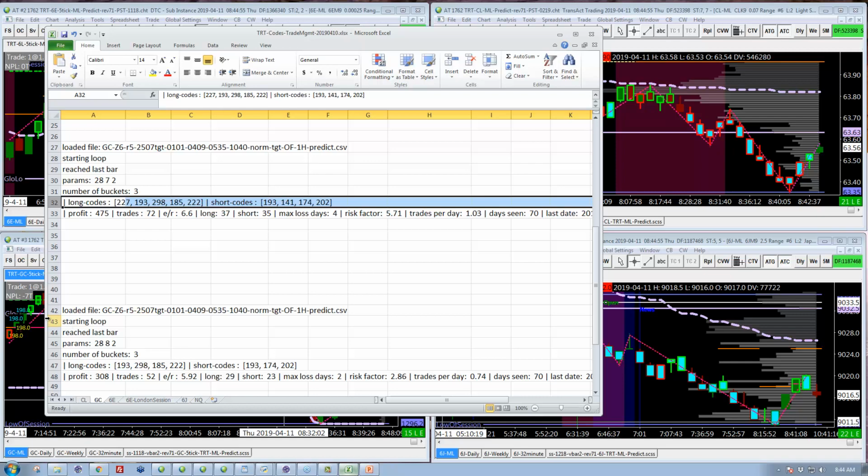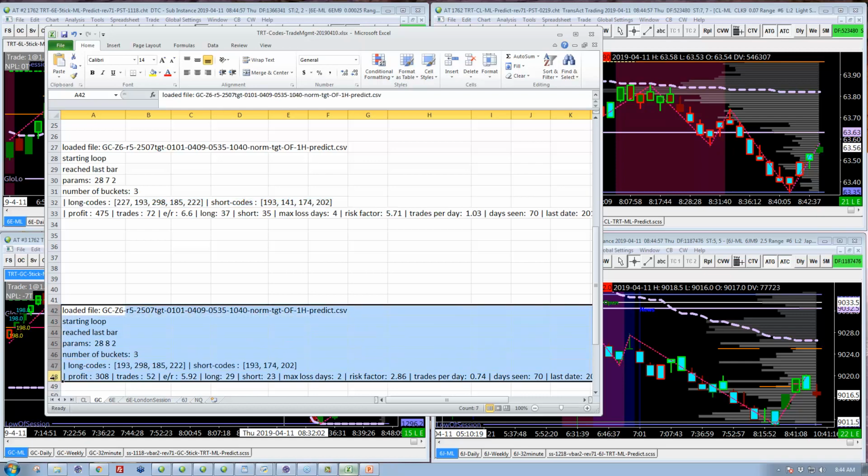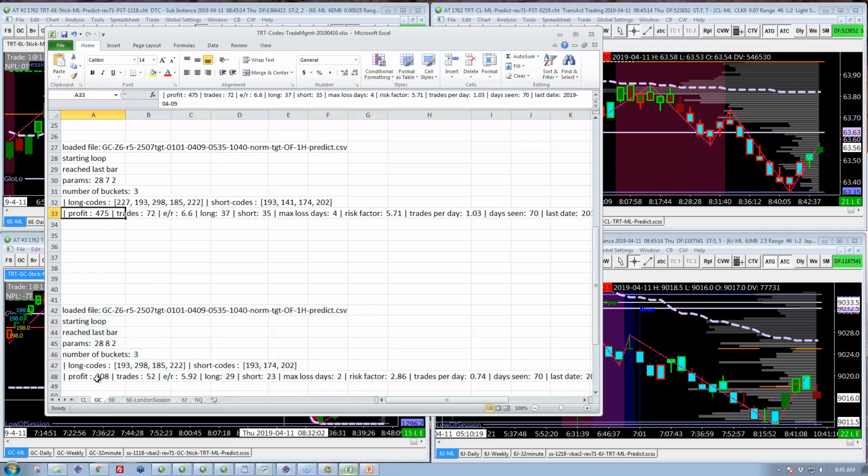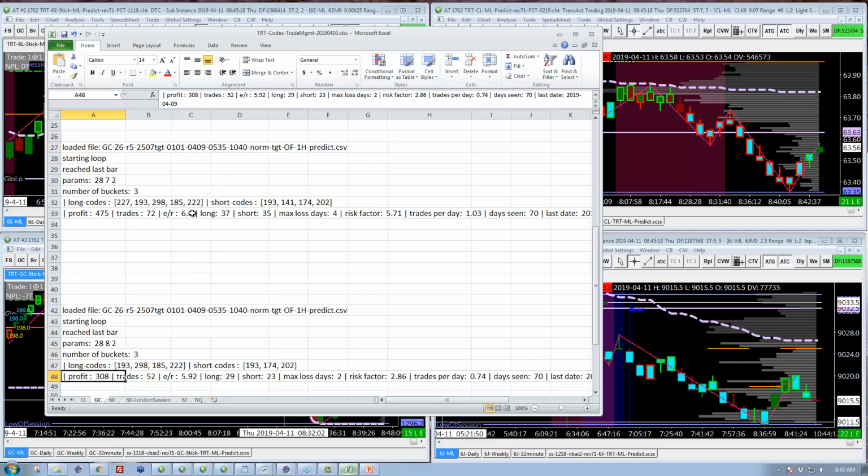But this one down here would be the one I would normally pick because it's 0.74, about 3/4 of a trade per day. The reason I didn't is that what I saw here was not only did the profit number go up, but the overall system trade quality went up as well. 6.6 versus 5.9. That's not what you normally see.